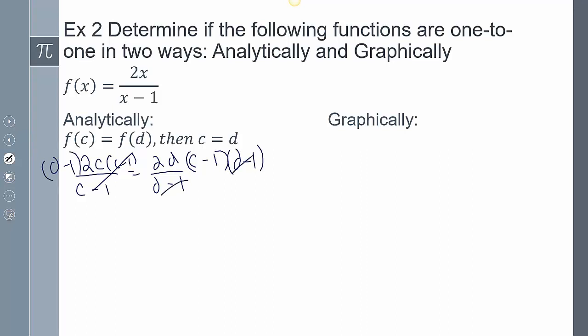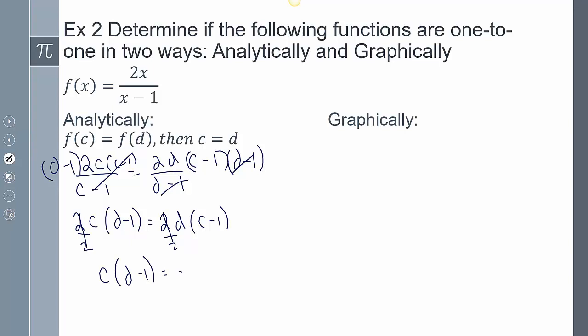I get 2c times d minus 1 equals 2d times c minus 1. Now I can divide both sides by 2, so I don't have to deal with that anymore. So I get c times d minus 1 equals d times c minus 1. And now I have to figure out how to get c equals d.